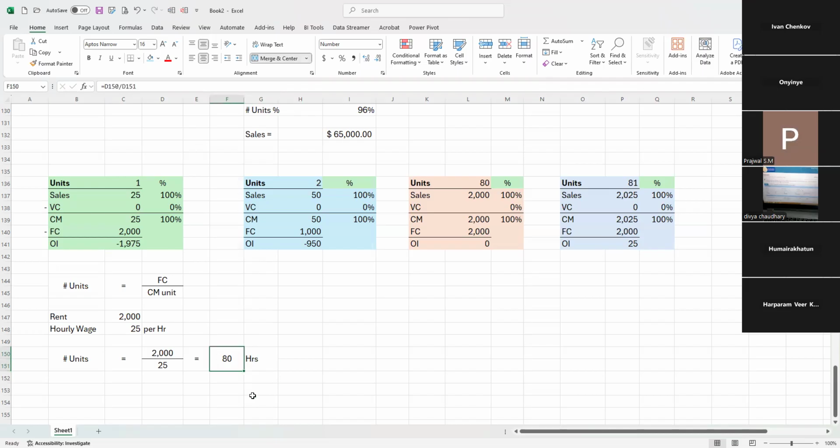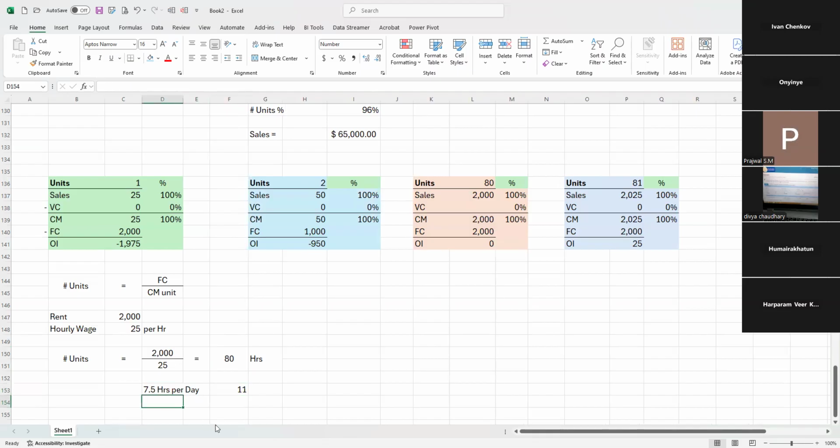If you work 7.5 hours per day, how many days do you need to work? 80 divided by 7.5, about 11 days. If you work 8 hours per day, 80 divided by 8, you need to work 10 days.